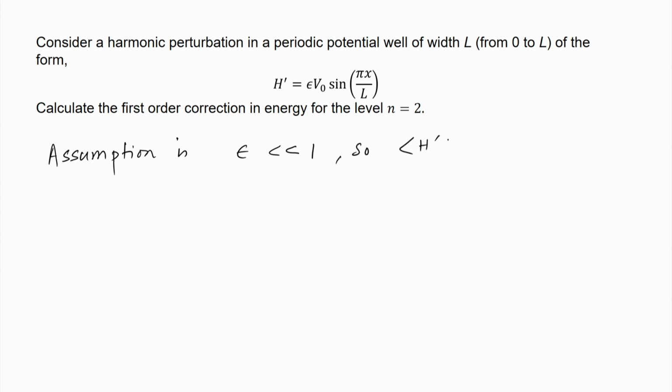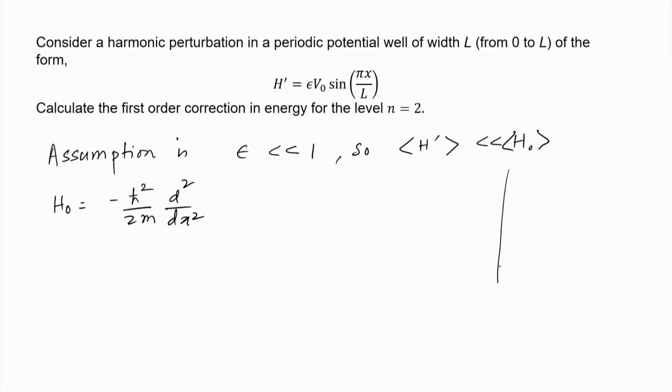H prime is much smaller than H 0, which is the unperturbed Hamiltonian for this particular problem, where H 0 is nothing but minus h cross square by 2 m d 2 dx 2, because there is no potential part, for the reason that we are talking about a particle inside a potential well.